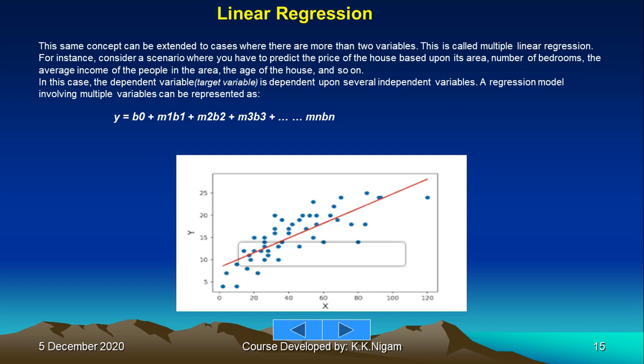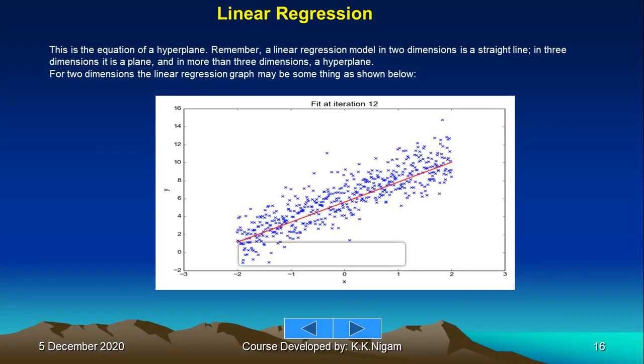In this case, the dependent variable is dependent upon several independent variables. A regression model involving multiple variables can be represented as y is equal to b0 plus m1 b1 plus m2 b2, and like that you can go up to mn bn. Now this is the equation of a hyperplane.